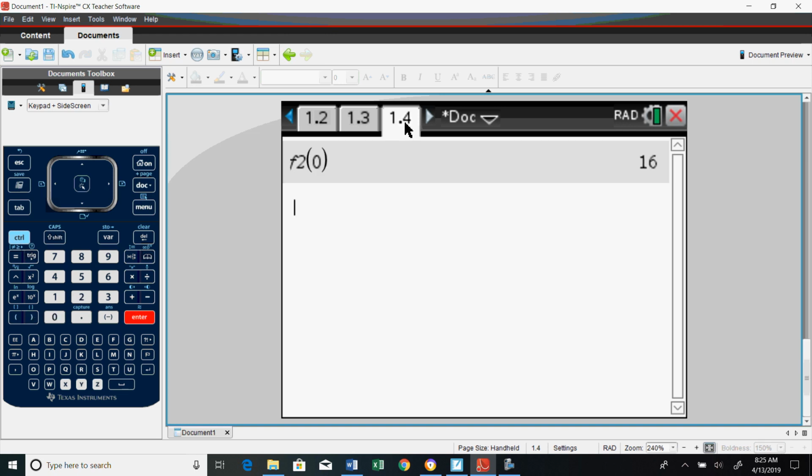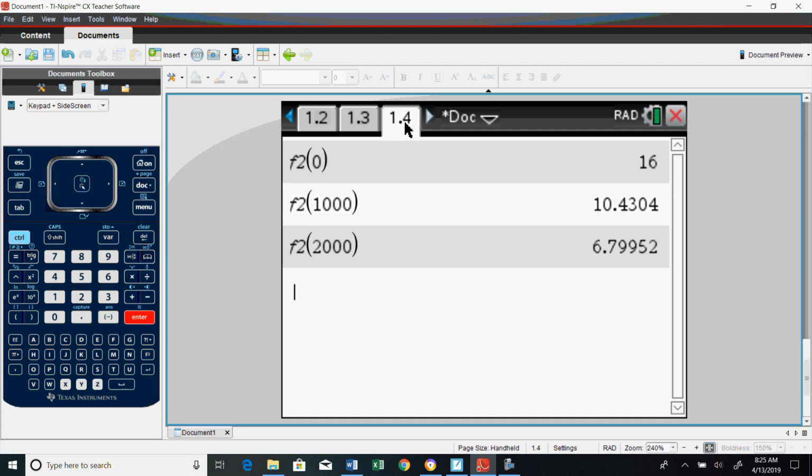We already knew that that was going to be 16. F2 of, let's say, 1,000. What happens after 1,000 years? Okay, then there's 10.4. So I could make my increments go by 1,000 or go by 200 or something. And if I try F2 of 2,000, I can get that it's down to 6.8 and so on.